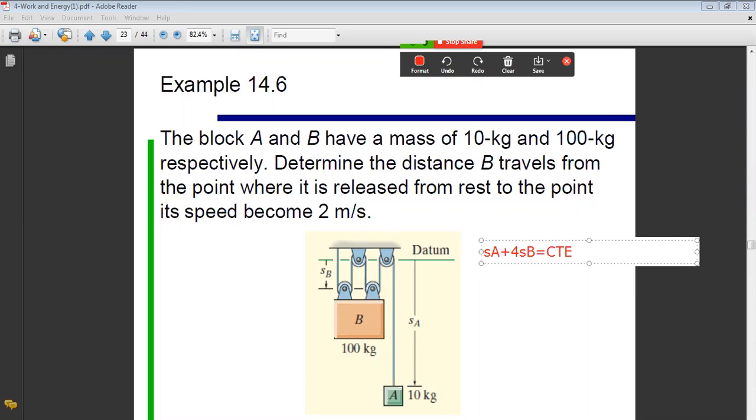So if you derive, you have that VA plus 4VB equals 0, okay?